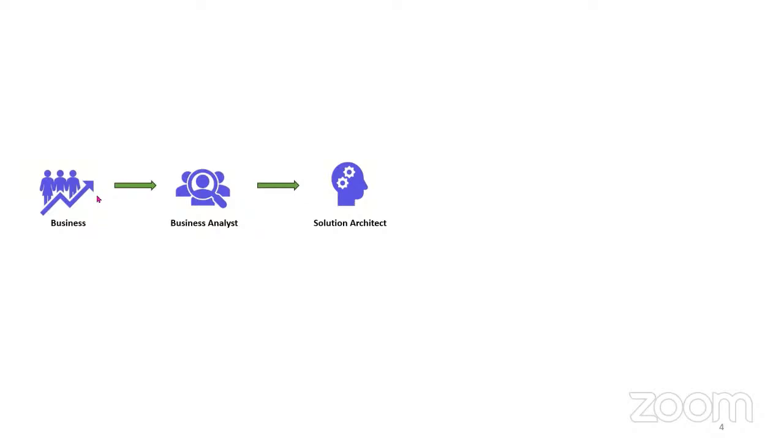All of those requirements the business comes up with will be passed on to the business analyst. Now the business analyst will think from a technical point of view. He will analyze it and convert that into a set of high level technical requirements, and then he passes that information to the solution architect. Now the solution architect is the one who designs the architecture to be followed for the deployment of the application.